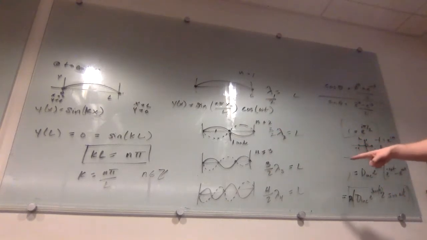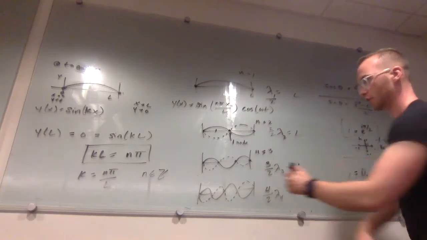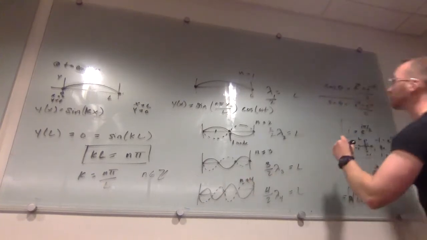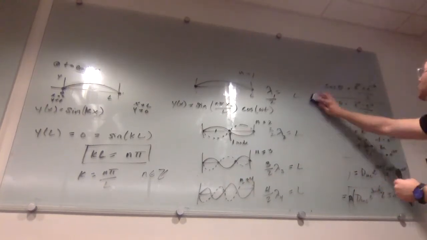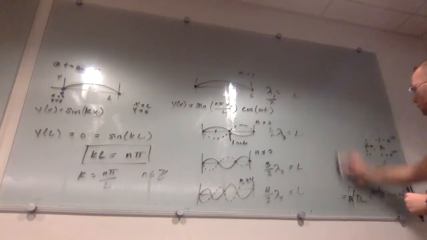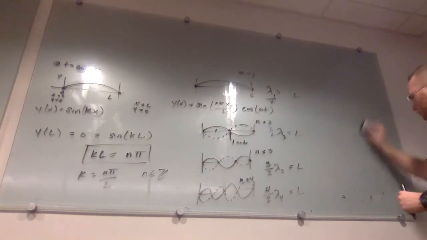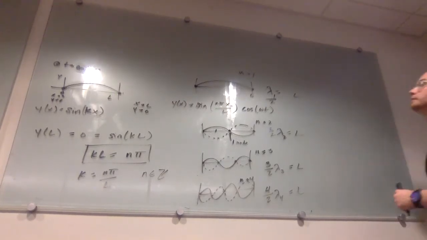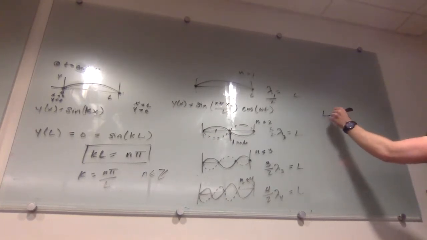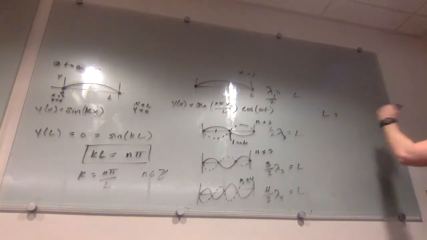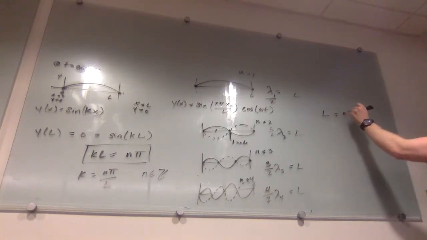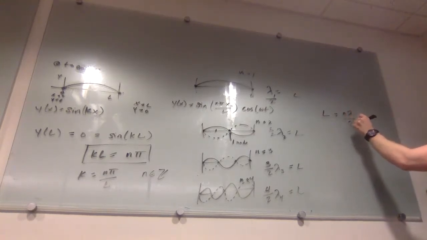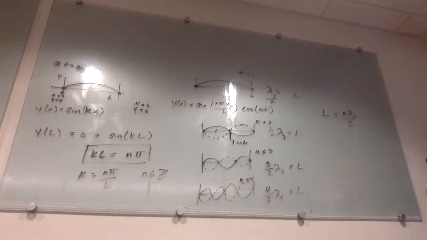So you can see that this is n equals 4. Right, and then we can write something like L is n lambda over 2.